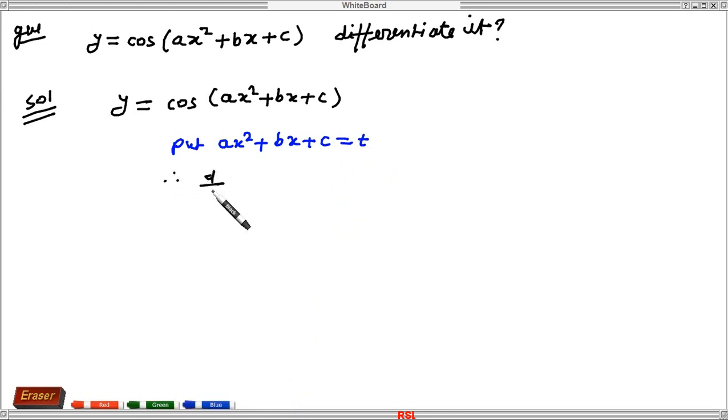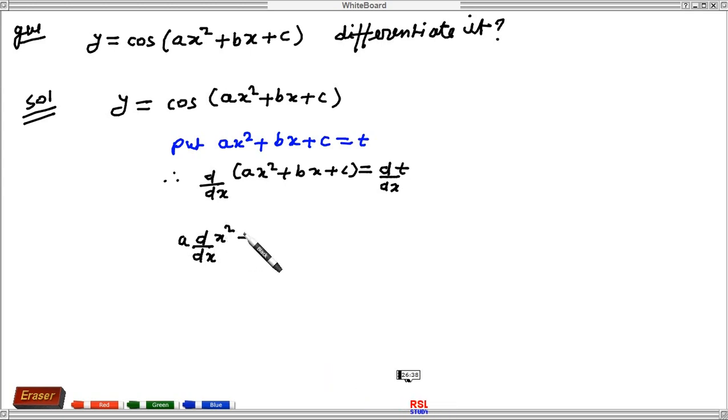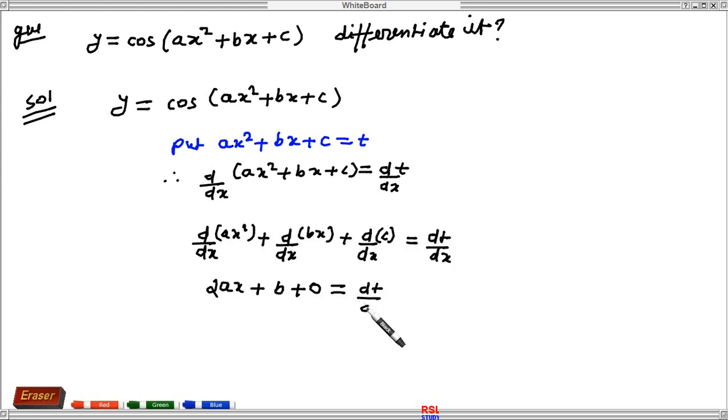If you want to do it step by step and differentiate with respect to x, you will get 2ax plus b, so 2ax plus b dt by dx, or 2ax plus b into dx will be dt.